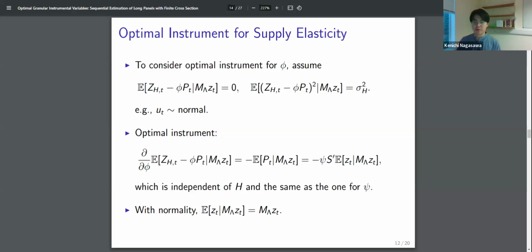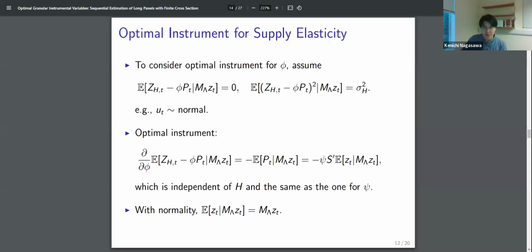And also, I'm going to assume that conditional homoscedasticity is true given H. And so these assumptions can possibly be justified if the idiosyncratic shocks are jointly normal. So if idiosyncratic shocks are jointly normal, unconditional moment restriction implies this one, and also normality implies the homoscedasticity.